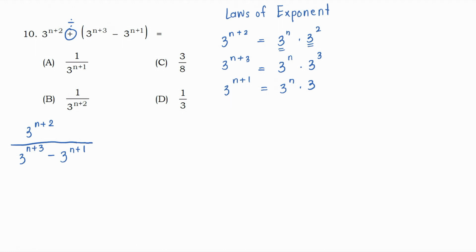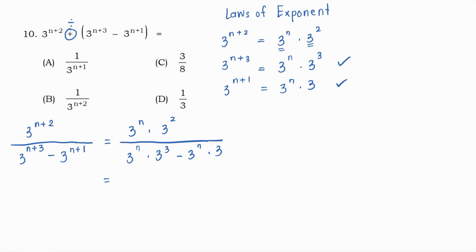Kasi pag in-add natin, wala tayong makukuhang sagot from the choices. Ayan, so, i-write lang natin as 3 raised to n times 3 squared all over yung 3 raised to n times 3 raised to 3 minus this one, 3 raised to n times 3. And then, yung goal natin is to simplify this equation or fraction.